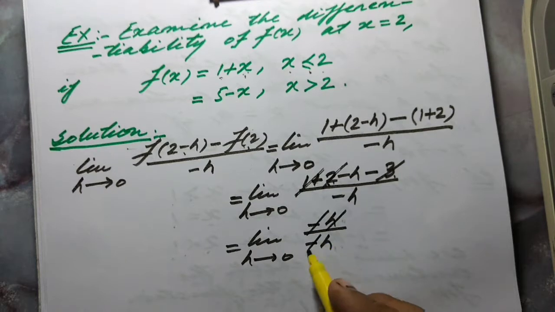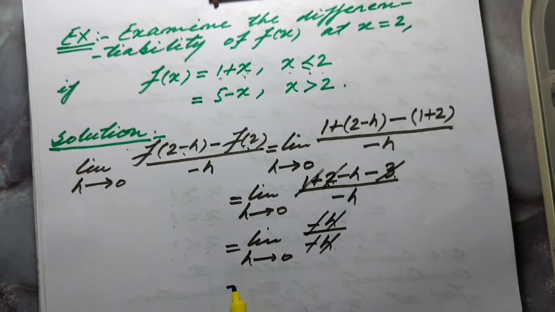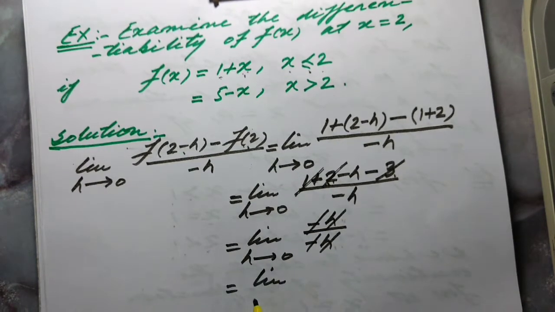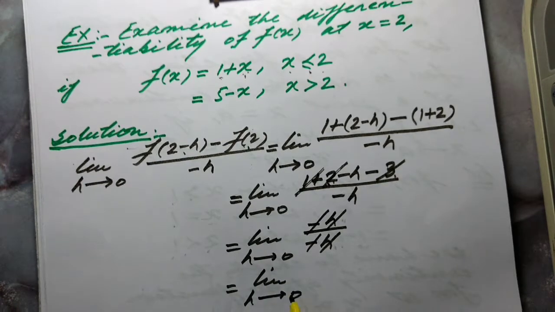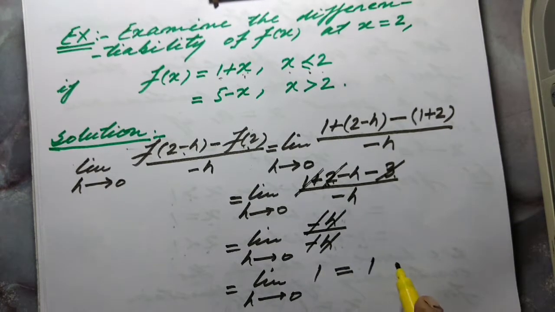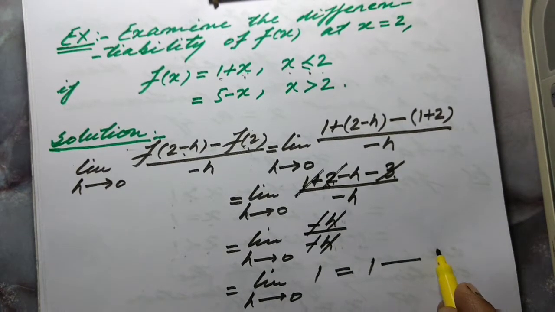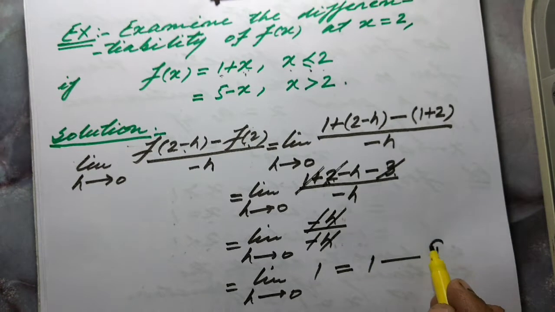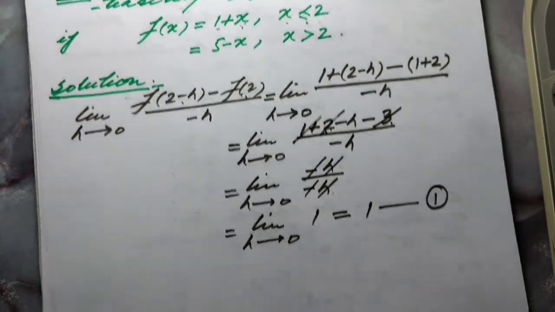Minus h is cancelled by minus h from numerator and denominator, and we have only limit h tends to 0 of 1. Applying the limit, we have 1 because there is no h. So this is the value of left hand differential. Let it be equation number 1.